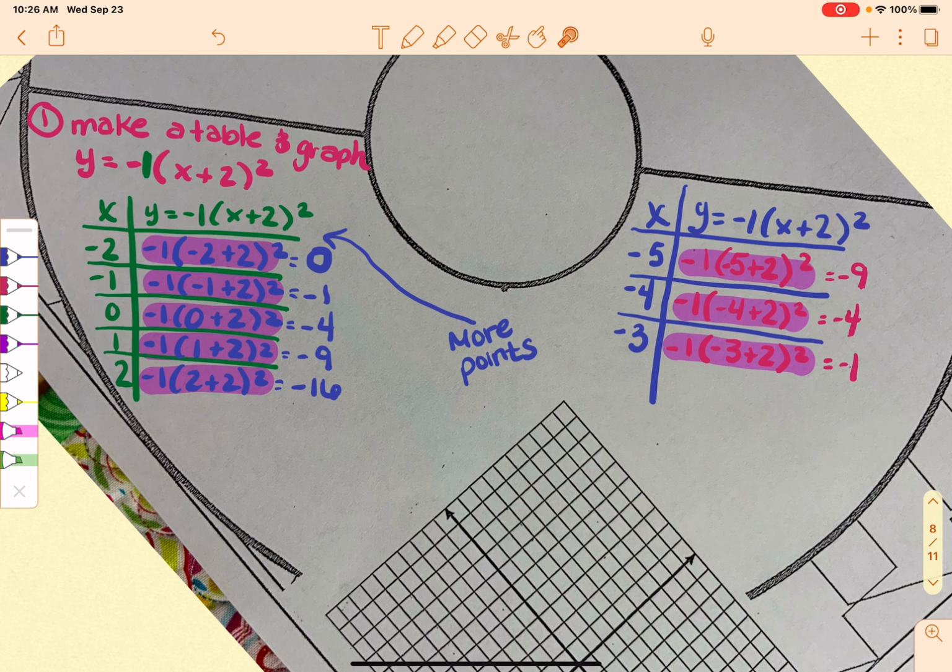Now, I'm just going to make a big list of them before I graph. So remember, to make your points, you're putting the x value and the y value you get out.